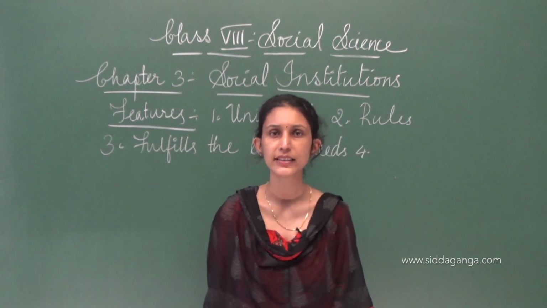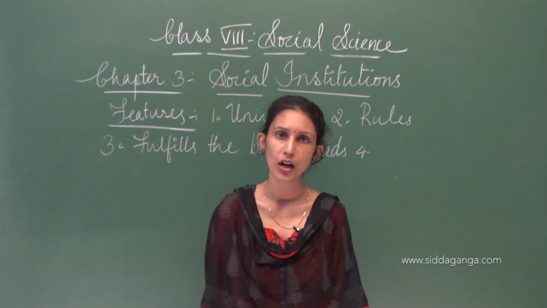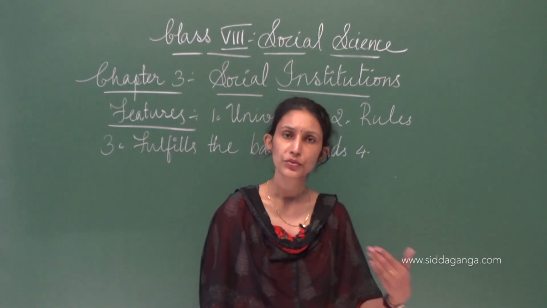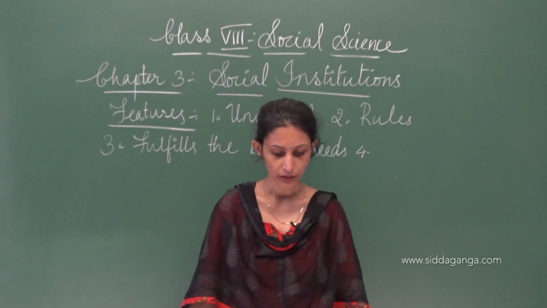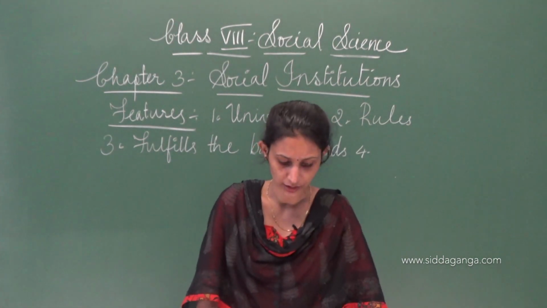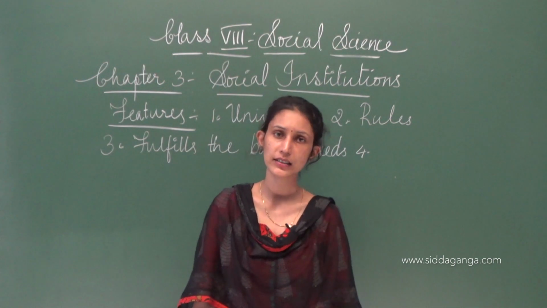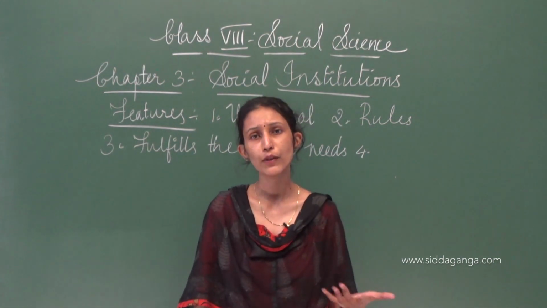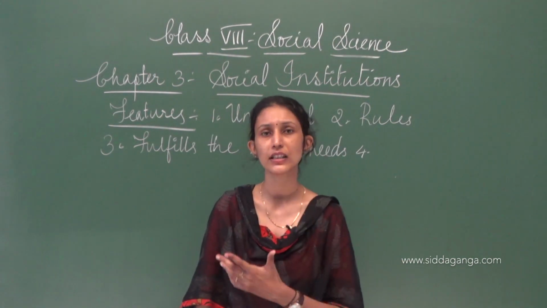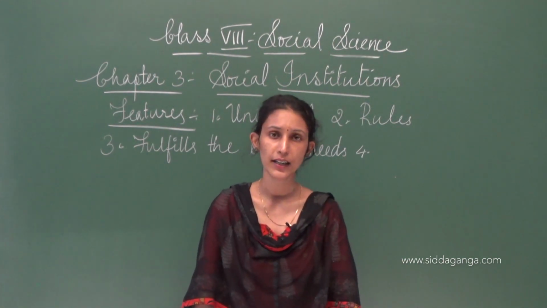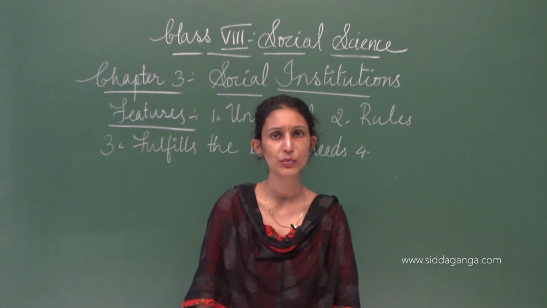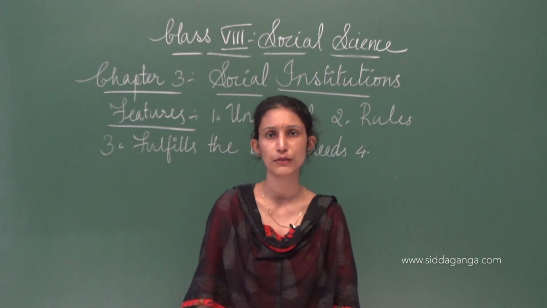All your personality development that is happening, your procreation that is happening, and generations that are growing, your desire for shelter, your desire for food, your sexual desires, all are fulfilled by certain social institutions. Family is one institution that basically fulfills these.